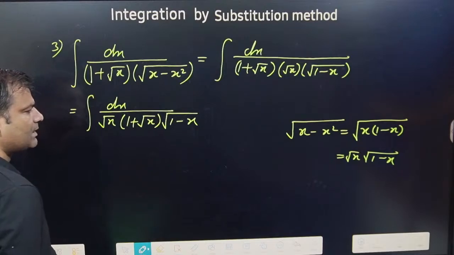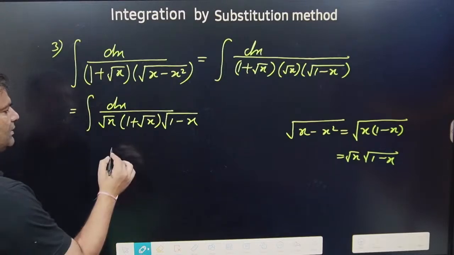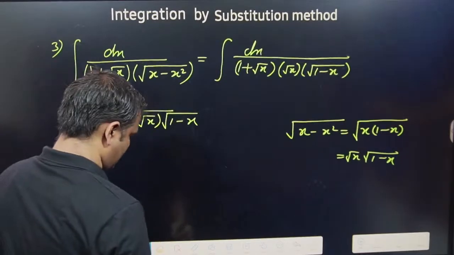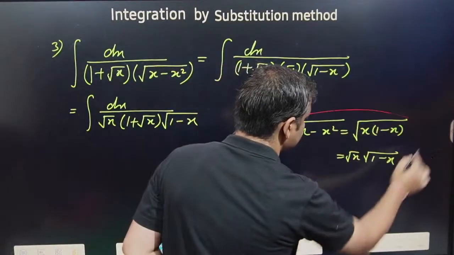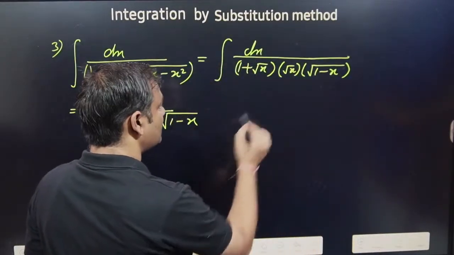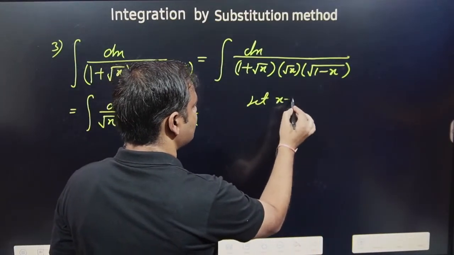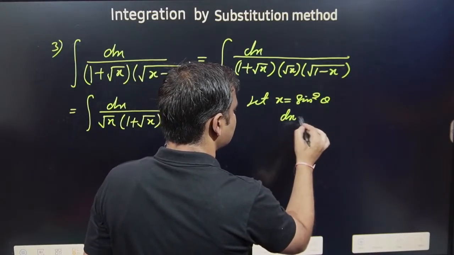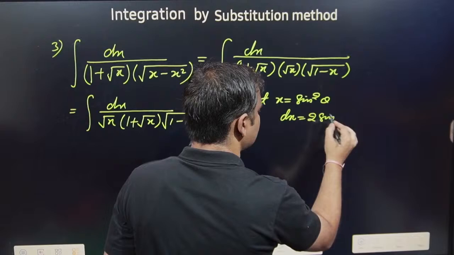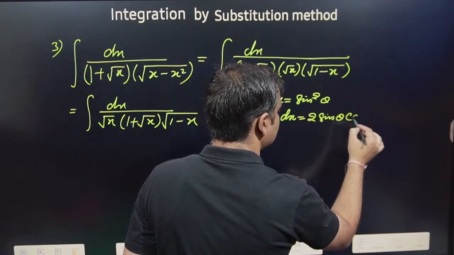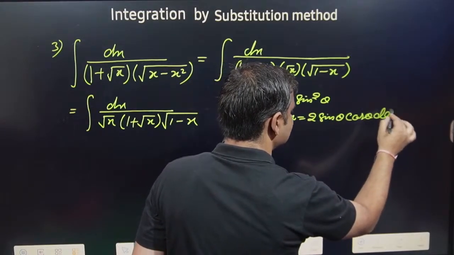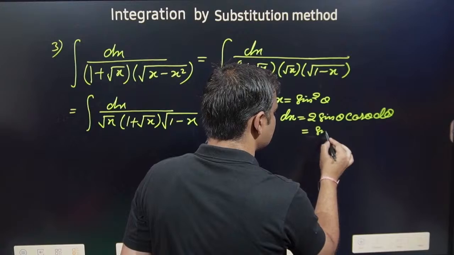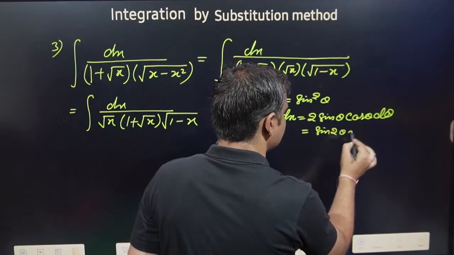Now let x be equal to sin square theta. So dx is how much? 2 sin theta into cos theta d theta, so basically sin 2 theta d theta.